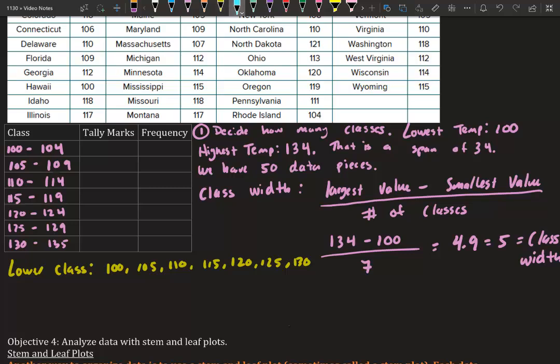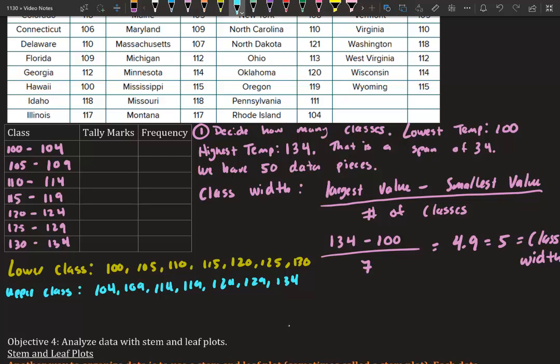Our upper classes are the right side. So that'll be 104, 109, 114, 119, 124, 129, 135. Sorry, 134. I said 135 out loud. That's why I wrote that. 134.